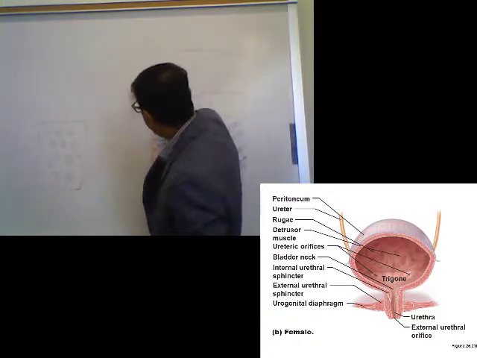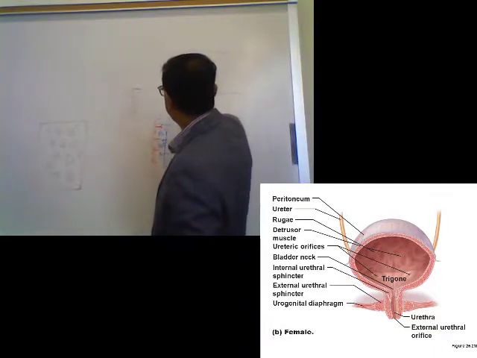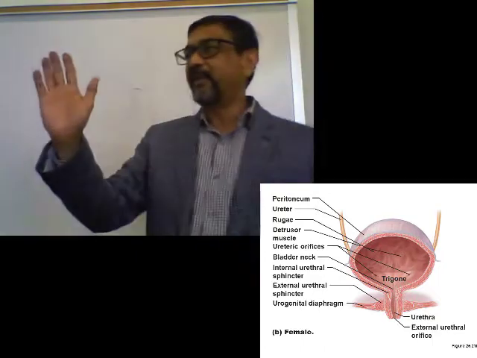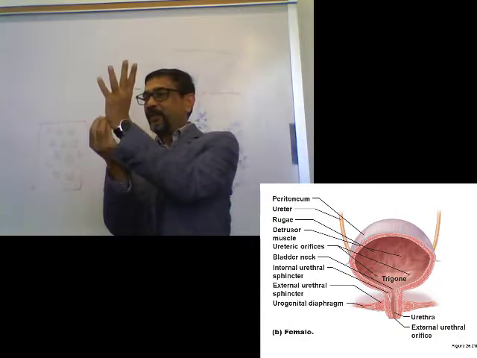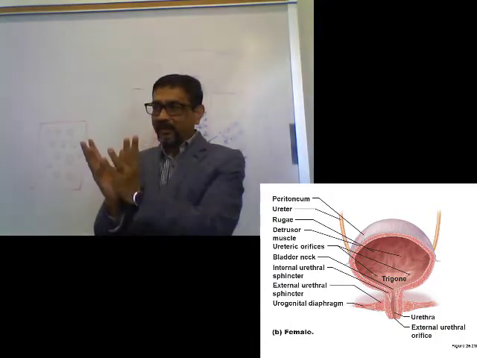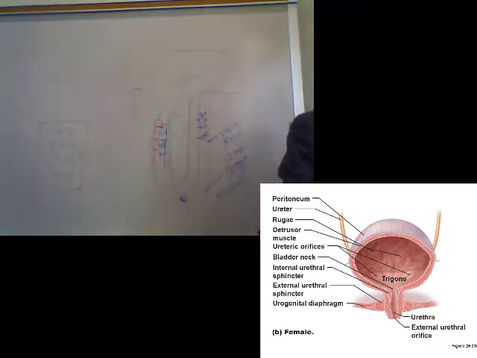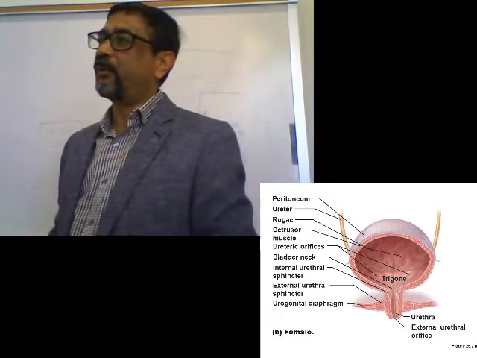So this part is called the trigone. The trigone is a funnel-shaped area like this. You see here, and urethra is here. So the urine can easily be poured into the urethral opening.